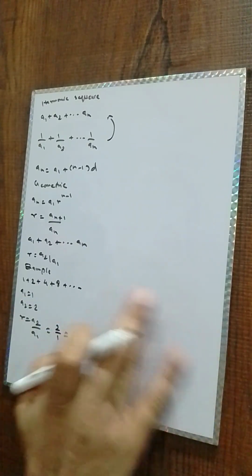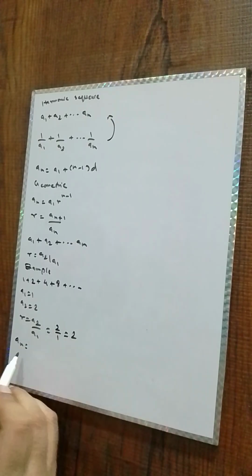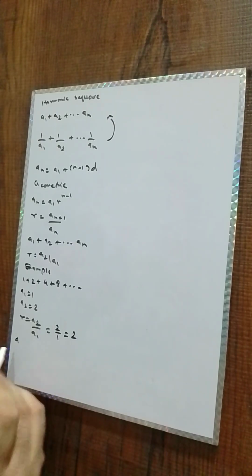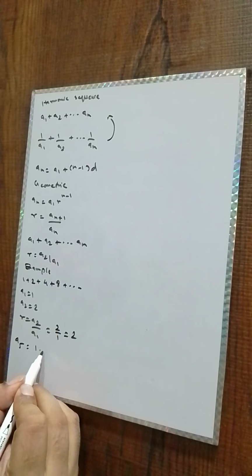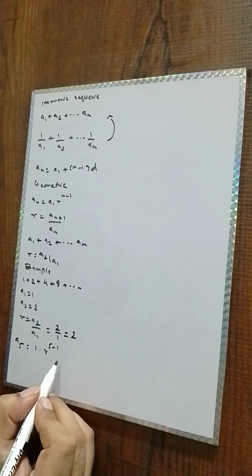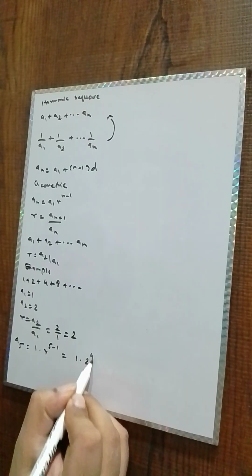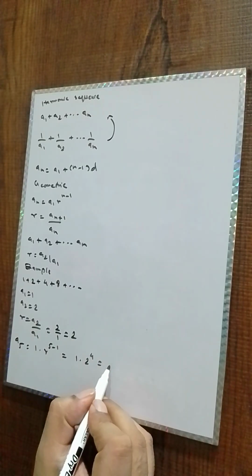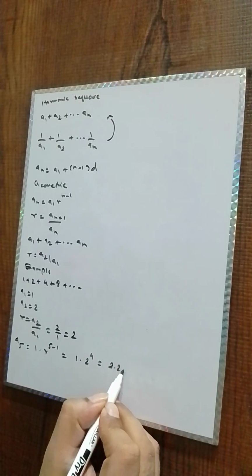So the ratio is here, and for the nth term, for example the fifth term a5, it would be 1 multiplied by ratio to the power 5 minus 1. So that would be 1 dot 2 to the power 4, which is 2 dot 2 dot 2 dot 2.